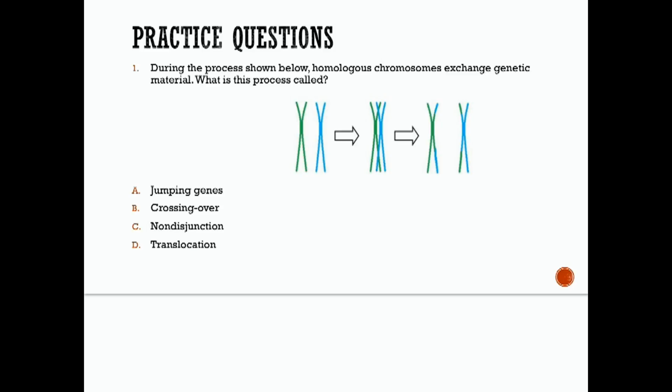So during meiosis, the homologous chromosomes pair and are so close together that segments of genetic material can be exchanged between these chromosomes. So if you remember correctly, the process is known as crossing over, and it contributes to the genetic variation between organisms. So we're going to go with B.